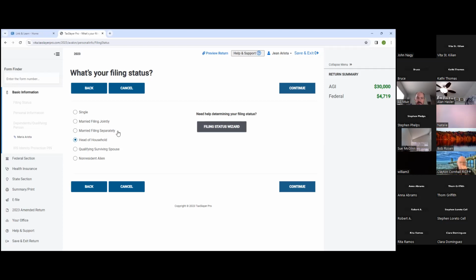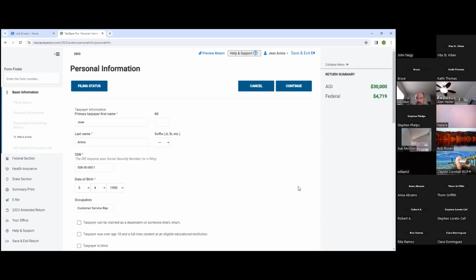We don't do married filing separate. So we're going to start with head of household. She meets the rules. She is unmarried. We're talking Jean now. And she has a minor child at home, and she cares for the child. She pays for the upkeep of her home. And so she's entitled to that head of household filing status. We're going to go ahead and hit continue.